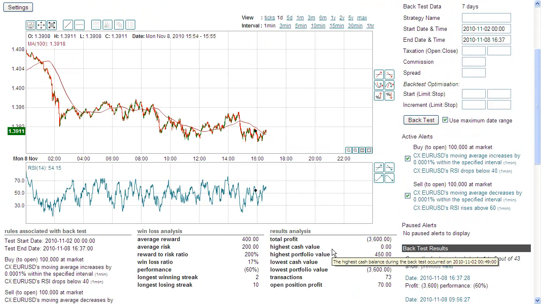Obviously, a profit of 40 pips and a loss of 20 pips wasn't a very successful strategy, so I'm going to rerun the strategy and look for a better set of stop and limit values. So what I'm doing here is setting the starting value for the stop and the limits at 10 pips, and then incrementally increasing each of the limit and the stop values by 5 pips each.